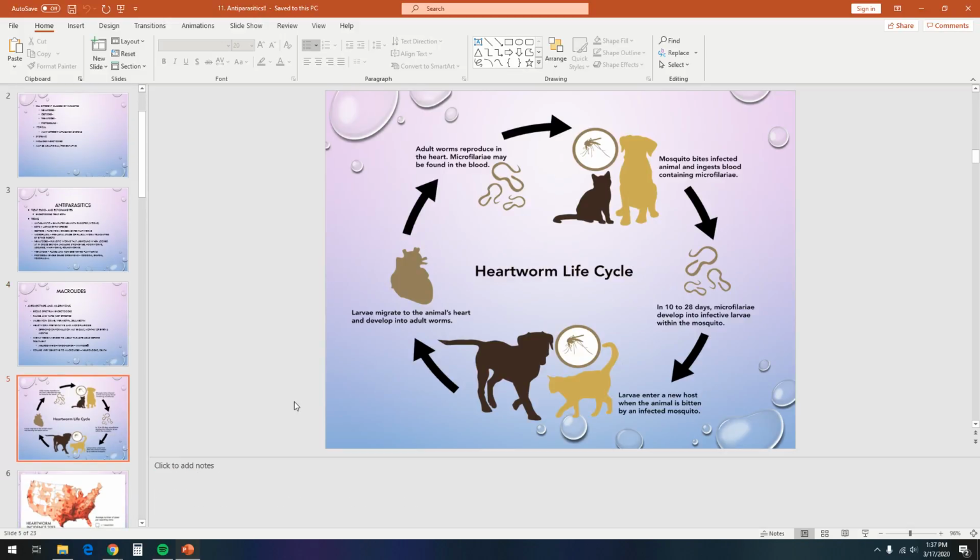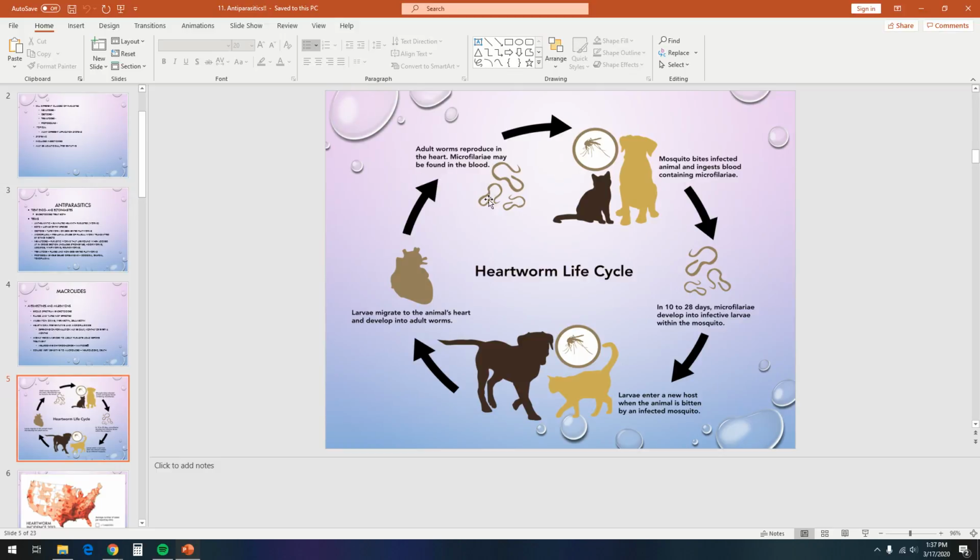So here's our heartworm life cycle. So the larvae migrate. Let's start back here. The larvae enter a new host when the animal is bitten by an infected mosquito. When we talk about vectors, heartworm has to go through the mosquito and then bite its host in order to be transmitted. So the larvae migrate to the animal's heart and develop into adult worms.